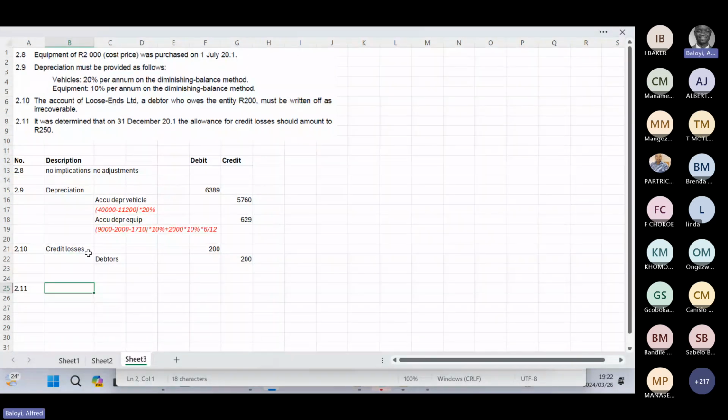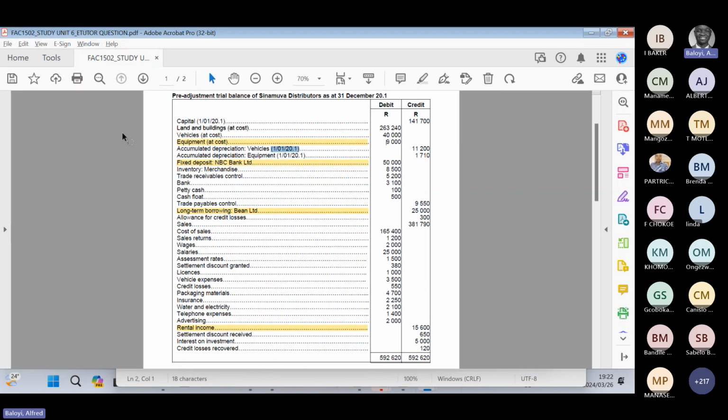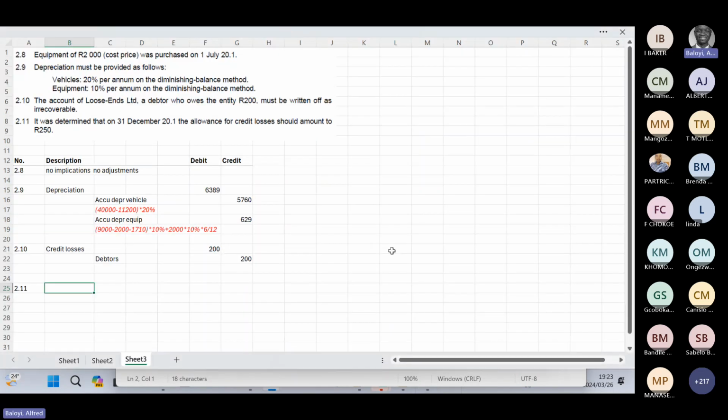So what happens here is that you have to look at your trial balance to see how much the allowance for credit losses was. So the allowance for credit losses at 31 December 2021 was 300,000, right? Now they're telling us it must be 250, meaning that it must be reduced by 50 rand.